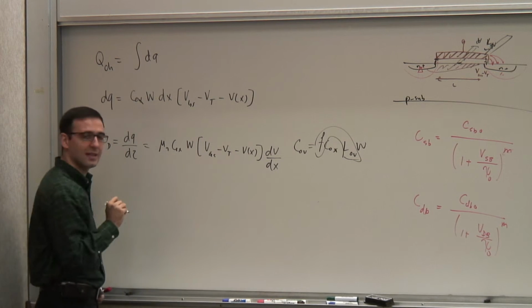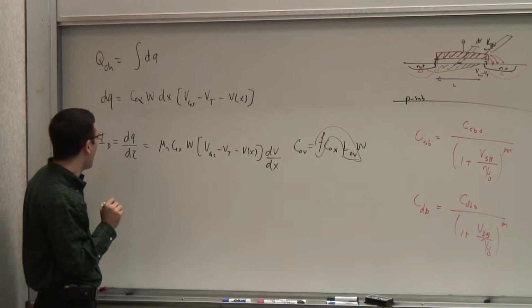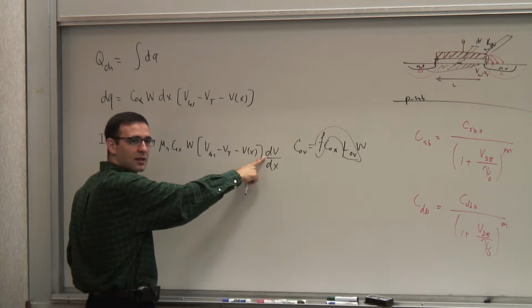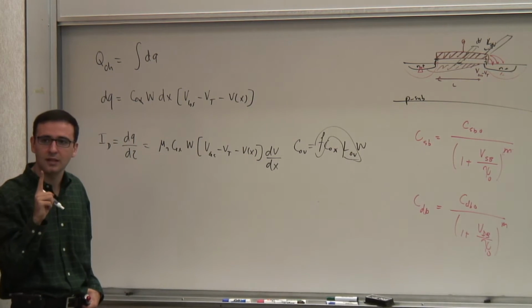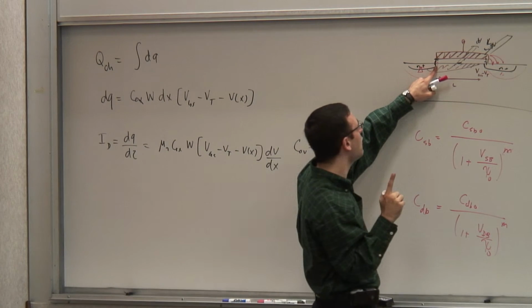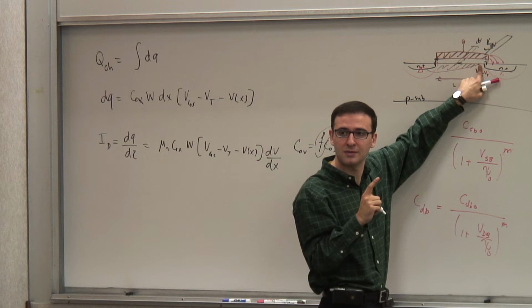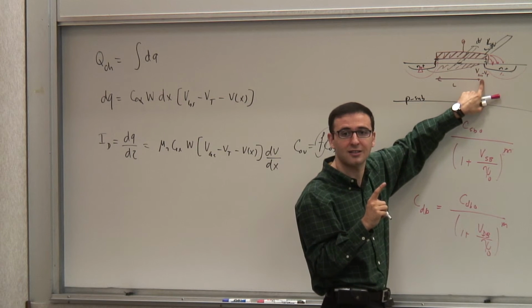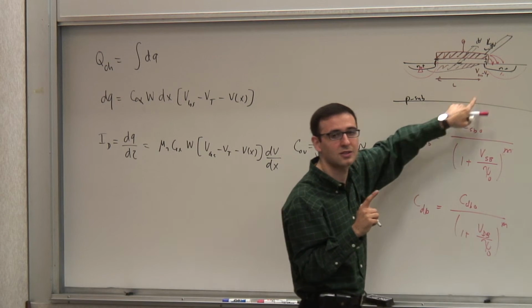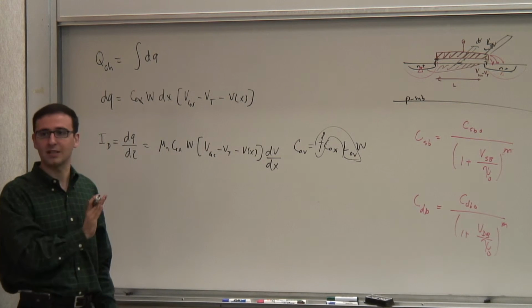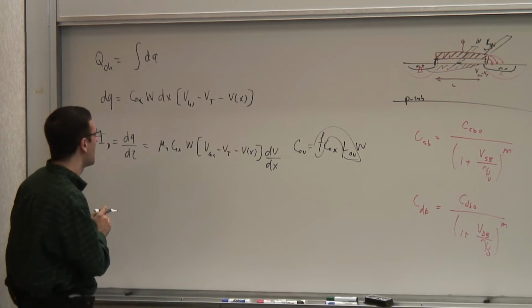Now, I can use this to do something interesting. I notice that I can write dx in terms of dV. Because if I can write it in terms of dV, then I can integrate it from 0 volts to the voltage at the other end of the channel, which is always fixed, which is always VGS minus VT. So then I don't need to know exactly where it is, because I know what the voltage at that point is. So how do I do that?